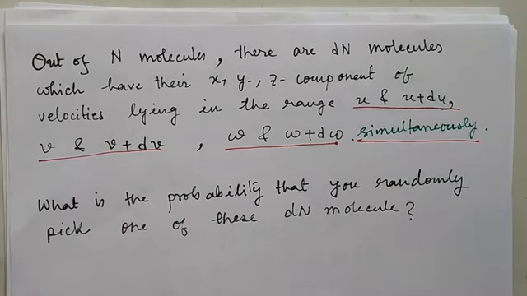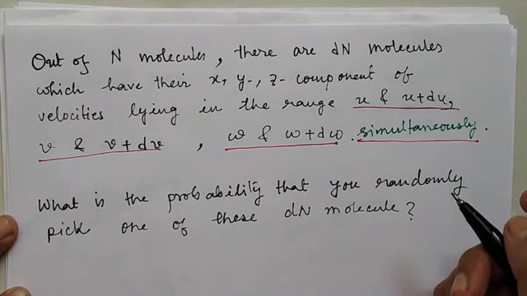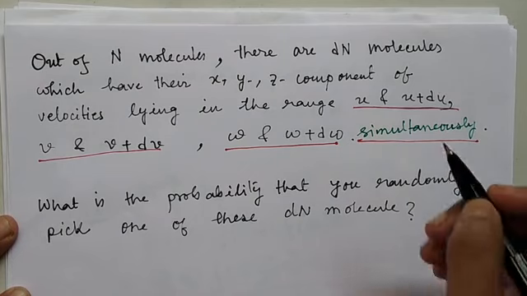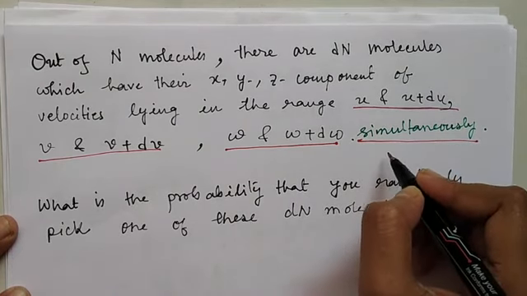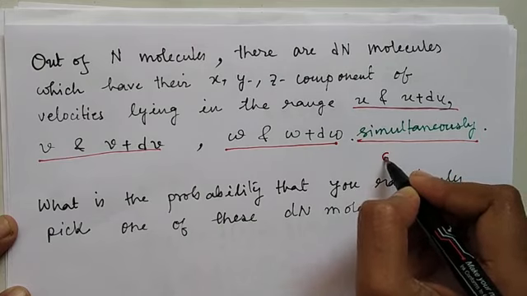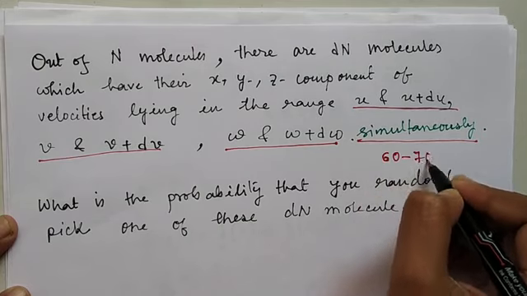For instance, suppose in one class there are students, and if you consider their distribution of marks, then it is likely enough that more than one student will have their marks, suppose, between 60 to 70.